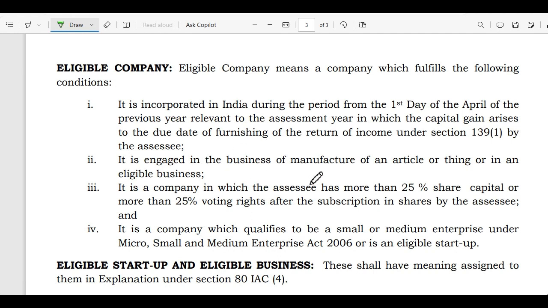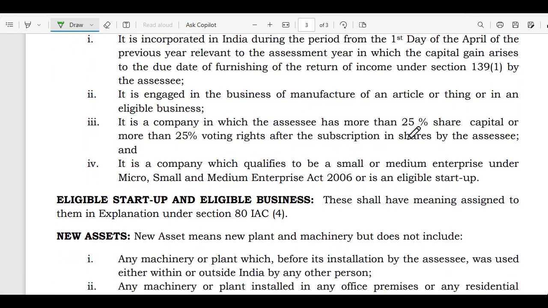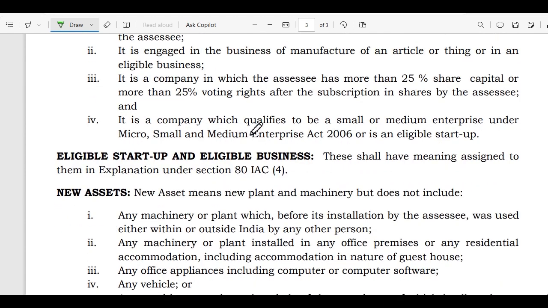It is engaged in the business of manufacture of an article or thing or in an eligible business. It is a company in which the assessee has more than 25% share capital or more than 25% voting rights after the subscription in shares by the assessee, and it is a company which qualifies to be a small or medium enterprise under the Micro, Small and Medium Enterprises Act 2006 or is an eligible startup.